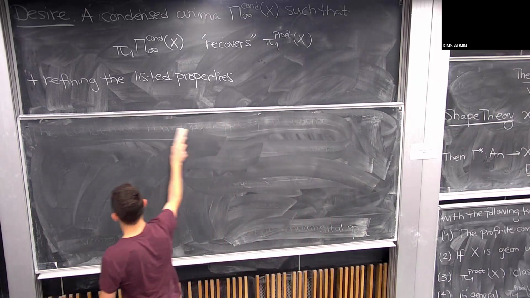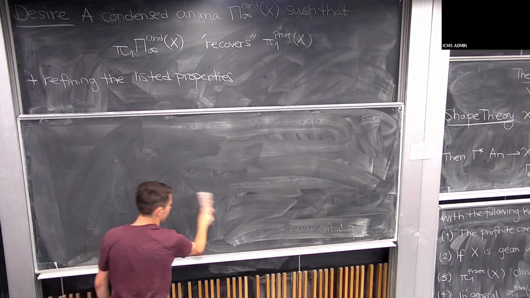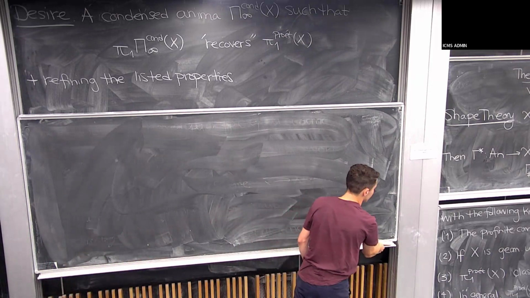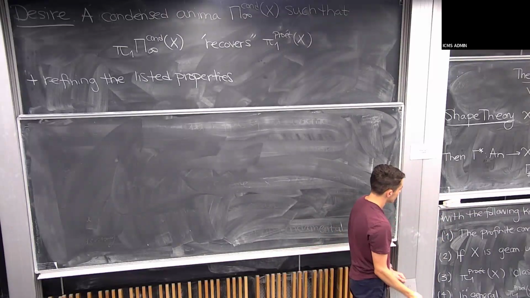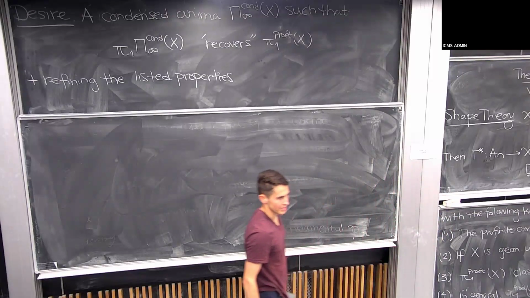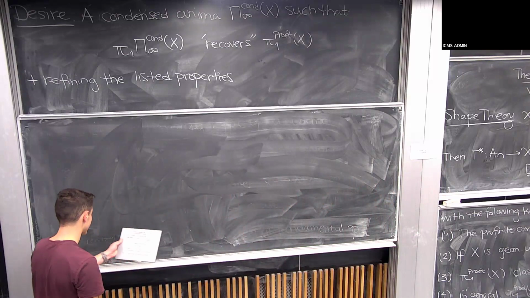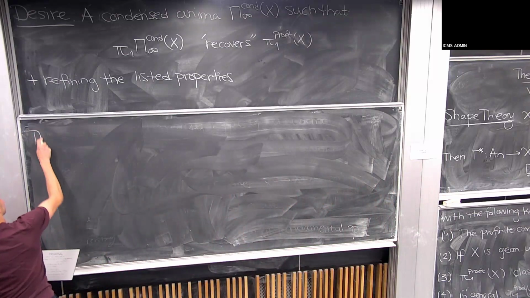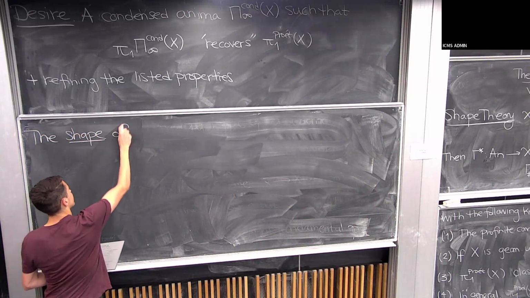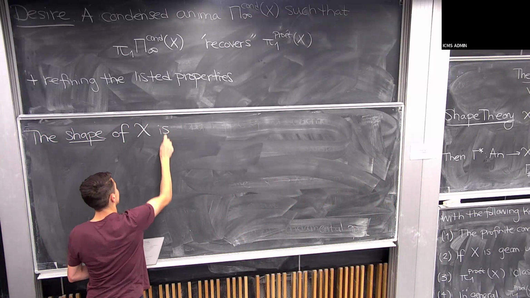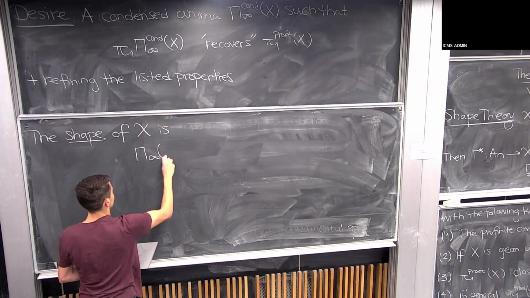It turns out it doesn't really have any properties. It doesn't need to preserve finite products, finite limits, or the terminal object. And this is what makes this definition reasonable: the shape of x is often written pi infinity of x.